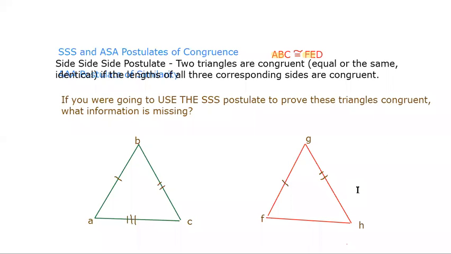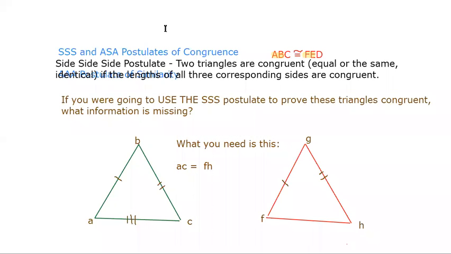What are you missing? If they are going to be congruent using side, side, side, what piece of information do you need? And what you need to know is segment AC is congruent to segment FH.